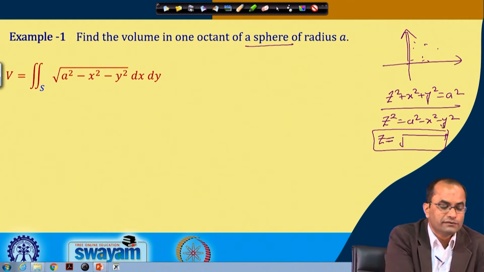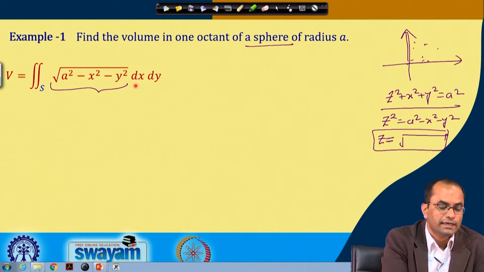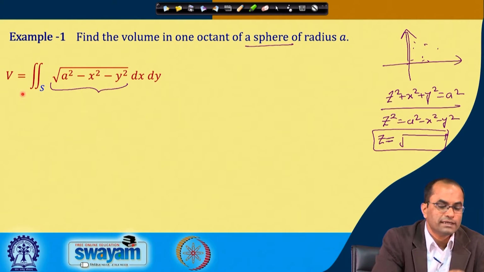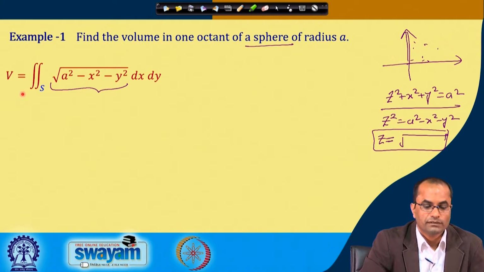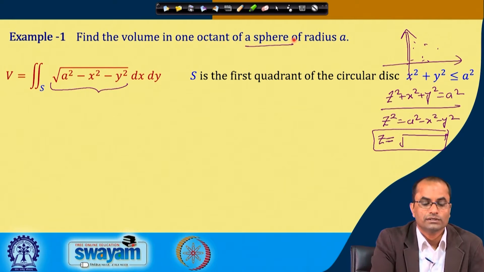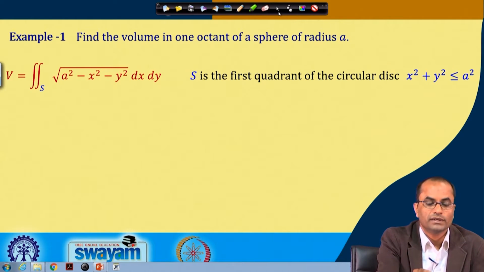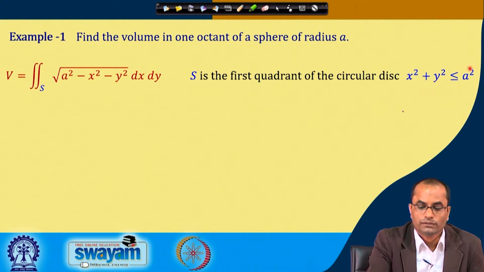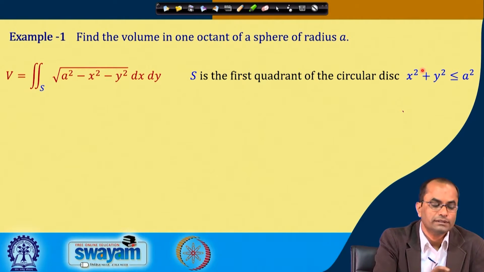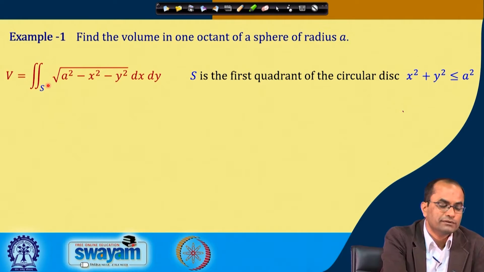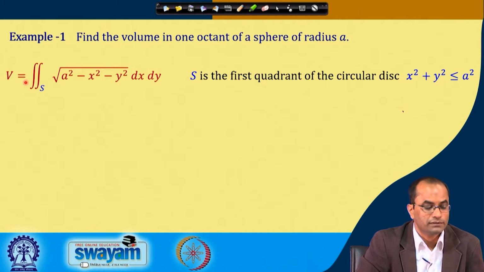This will be the integrand here, the square root of a square minus x square minus y square, and then dx dy over this region S. That is the circular disc of radius a, in the first quadrant, x square plus y square less than or equal to a square. That is the circular disc in the first quadrant, which is the domain for the integral.